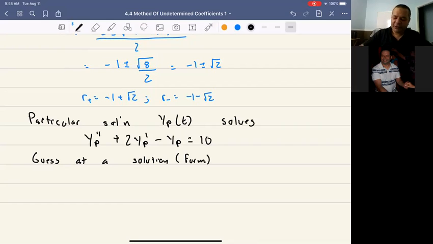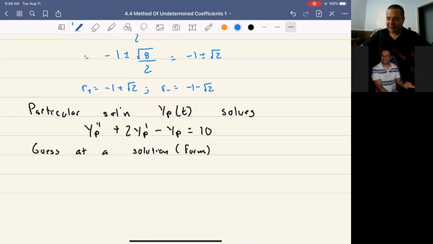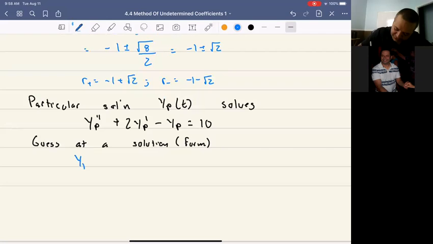In this case, let's take yp equal to a. Yp' is 0, yp'' is also 0. So 0 + 2 times 0 - a = 10.